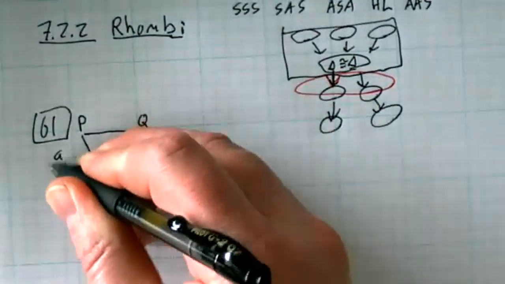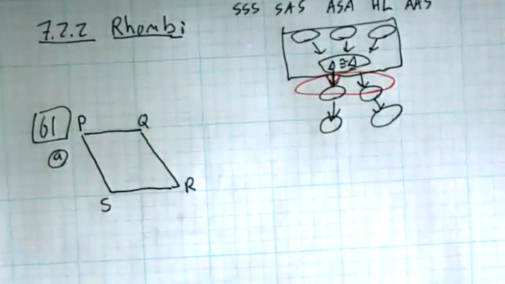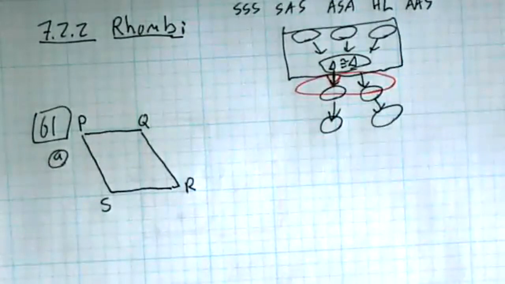So part A tells us to draw it. Part A also asks us to put some markings on there. Go ahead and read part A and put those markings that they're asking you for there.